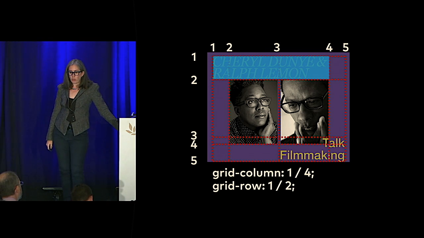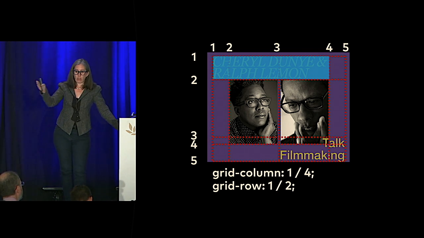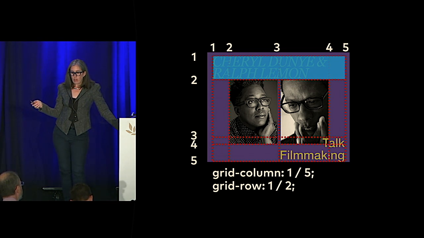And then what we're going to do is take that H1 element, and we're going to say, hey, I want you to go from grid column line 1 to column line 4, and from grid row line 1 to row line 2. It's going to place that headline in that space. Or we could say grid column 1 to 5, right?